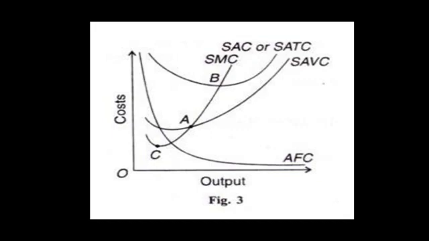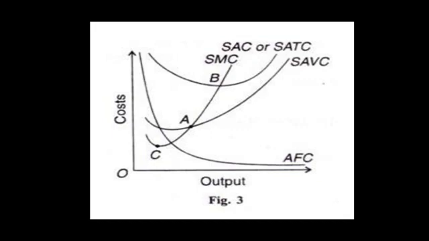They all initially fall, then reach their minimum point, and then eventually rise. The U-shape of average variable cost, average total cost, and marginal cost curves can be explained in terms of the law of variable proportions, which exhibits the short-run production function.